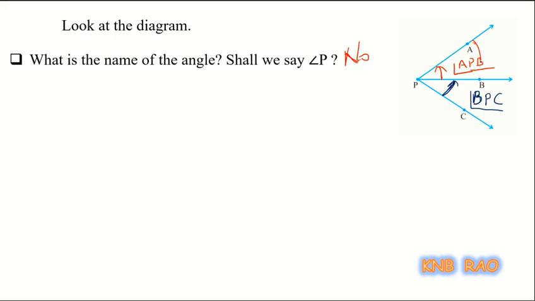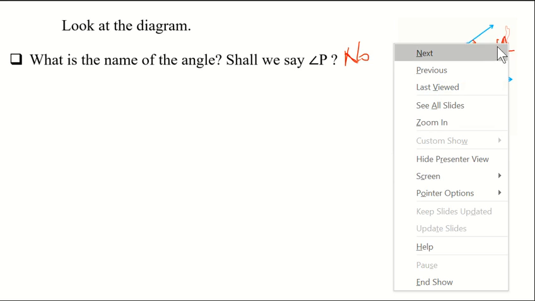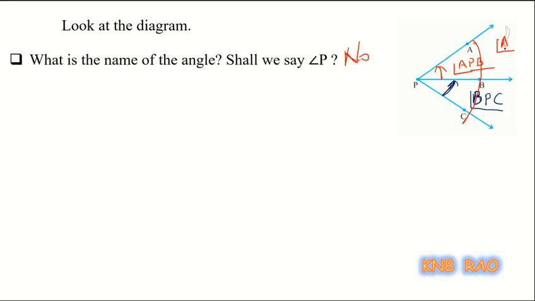I have a big one here, the angle formed by ray PA and ray PC, which we call angle APC.